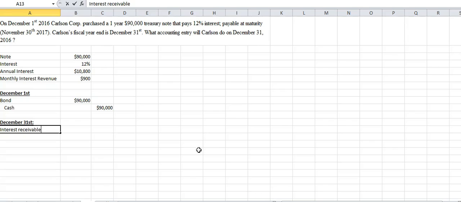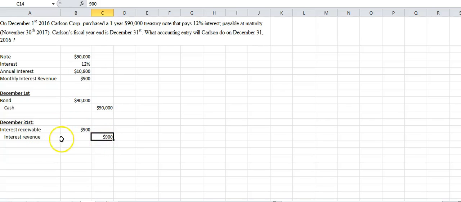I'm expecting to receive this, and it's going to be for $900, and I'm going to recognize interest revenue on that month. $900. Okay, so that's the accrual of interest that I have for December 31st. On December 31st, I accrue 1 month of interest.